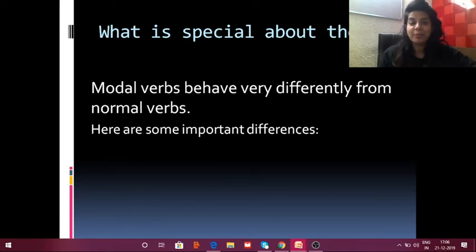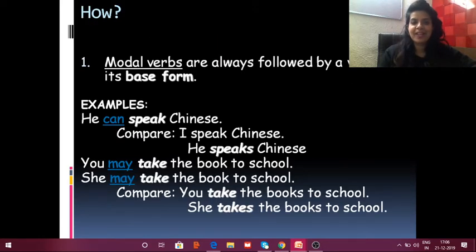And here are some important differences. Number one, modal verbs are always followed by a verb in its base form, such as he can speak Chinese. So it is followed by its base verb, right?